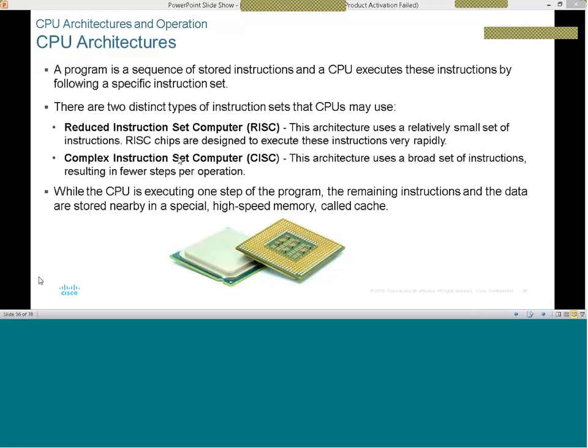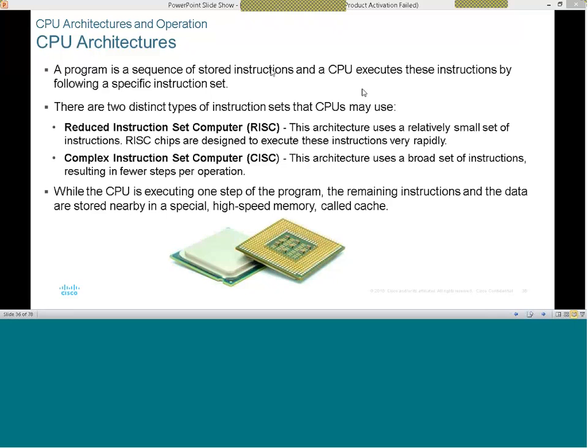So we said the CPU executes instructions by a specific instruction set. So the order in which the CPU must work must be based on these types of instructions. There's a type we call the RISC, and there's a type we call the CISC.